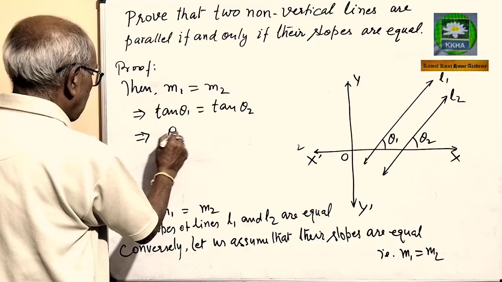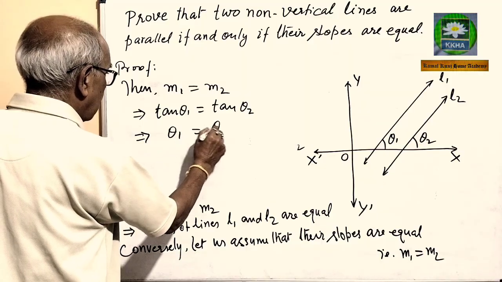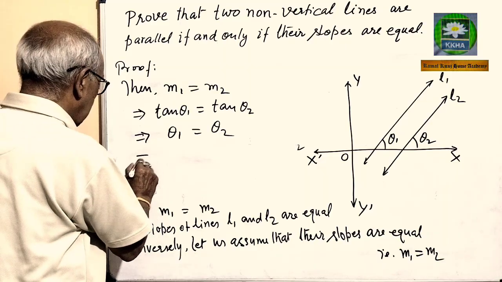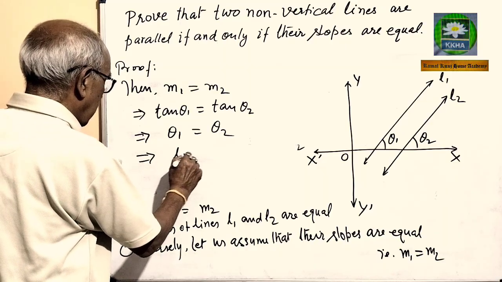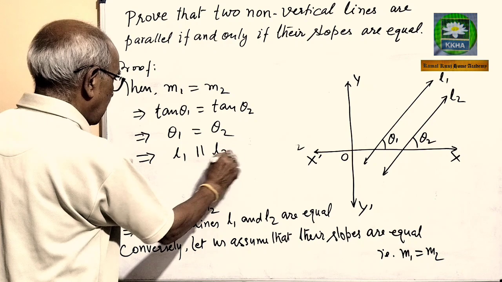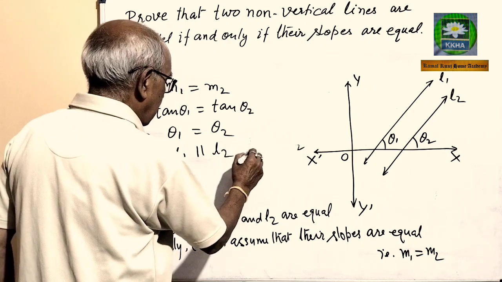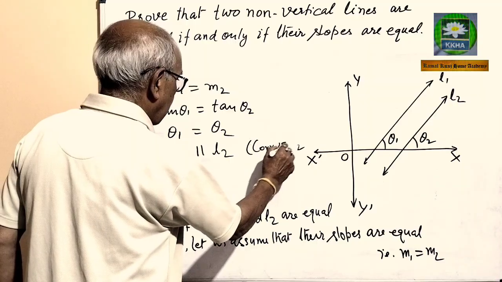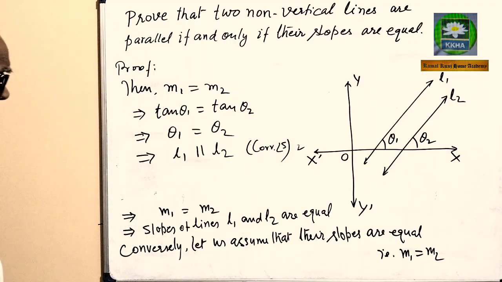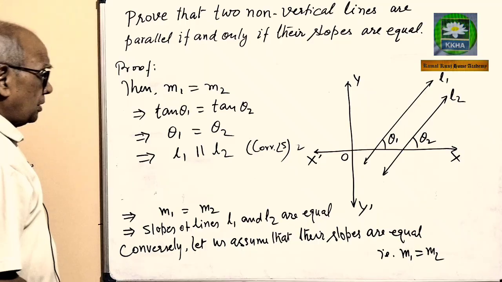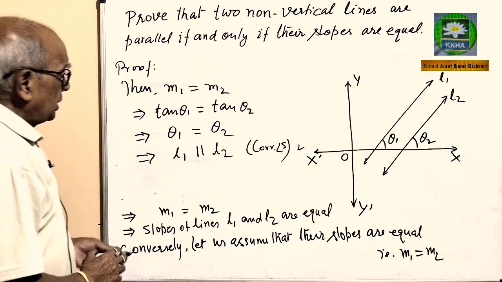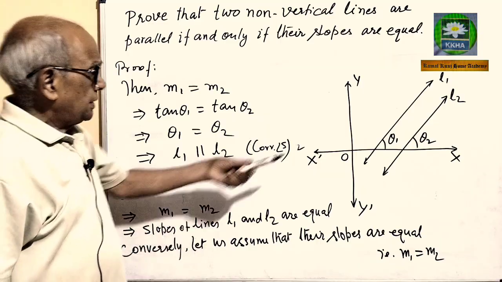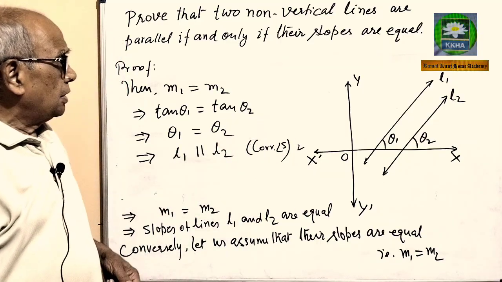This implies that theta 1 is equal to theta 2. This implies that line L1 is parallel to L2, as corresponding angles are equal. So, if slopes are equal, lines are parallel, and when lines are parallel, slopes are also equal.